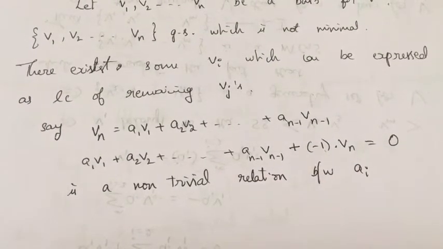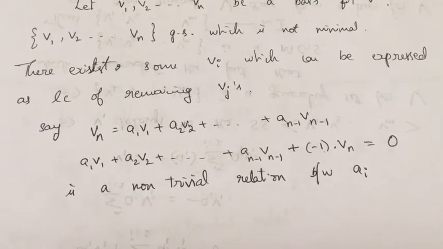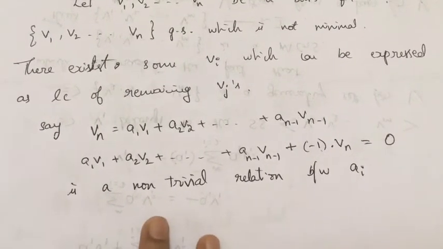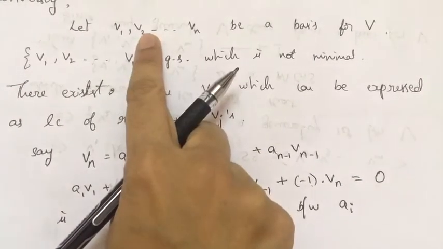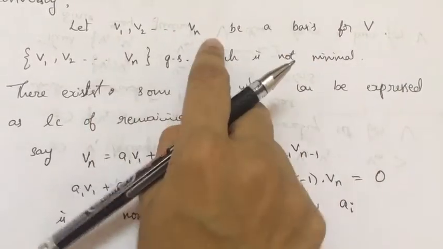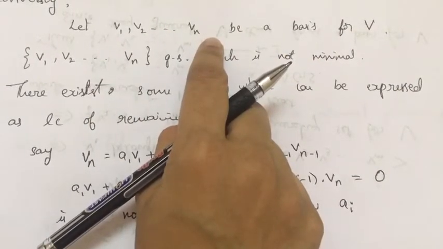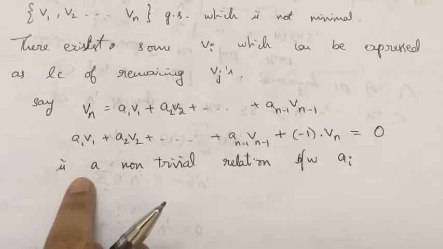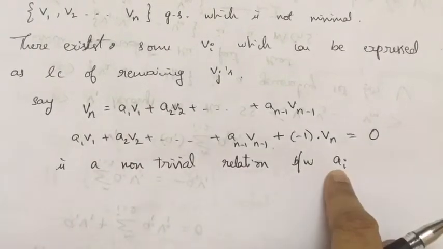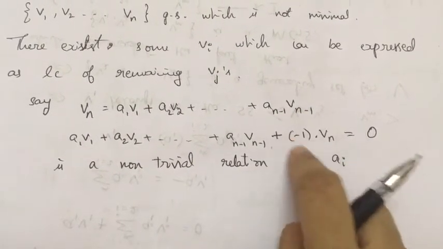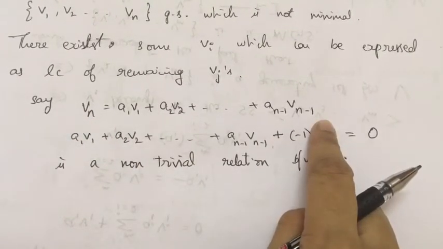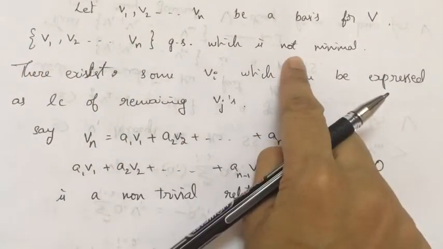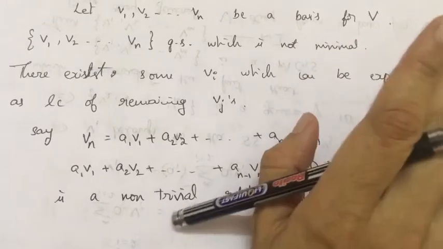Which contradicts the assumption we have made that the vectors v1, v2, vn are linearly independent. I have taken that these vectors form a basis. It means they are linearly independent, right? But when I'm getting this non-trivial relation where one ai is not equal to 0, that means these vectors are linearly dependent, right? So our assumption is wrong. So this set has to be a minimal generating set.